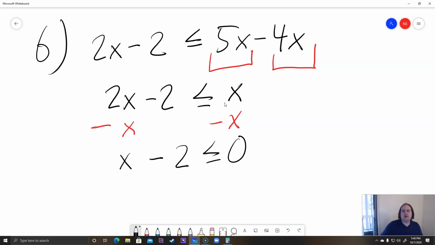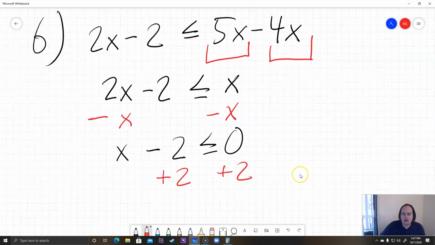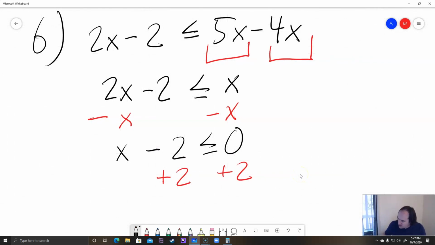Okay, and then to finish isolating x, we need to get rid of the negative 2. So the way we do that is we add 2 to both sides. Okay, so that gives us x is less than or equal to positive 2. And now it's considered solved because we have the variable isolated on the left side.